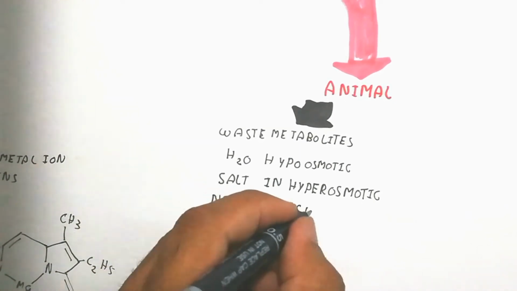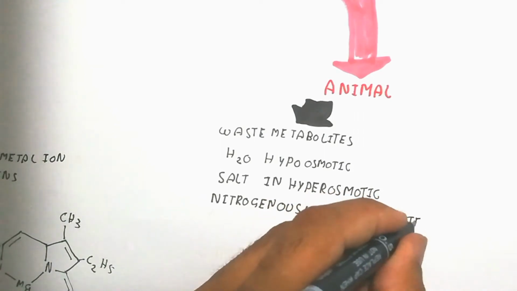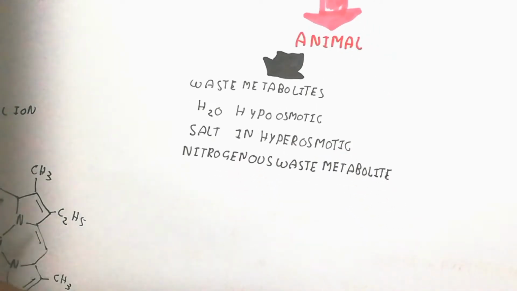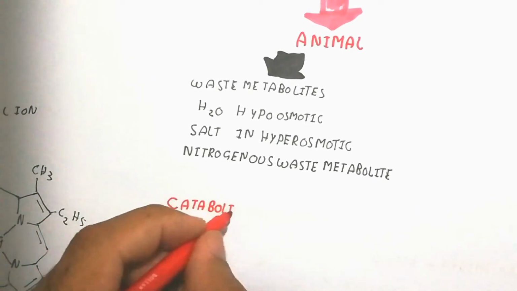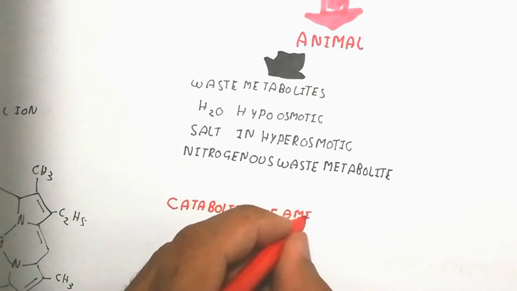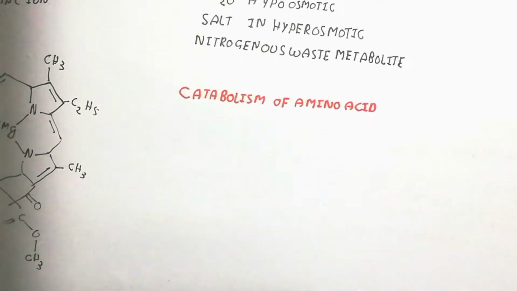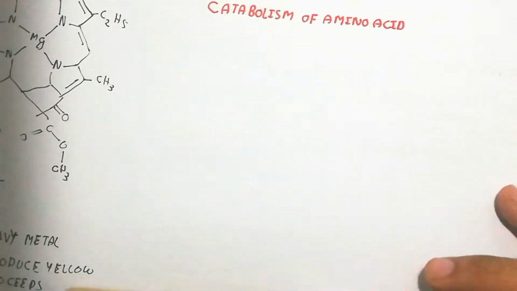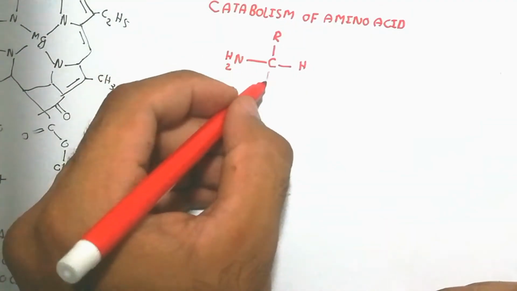The waste metabolites are water, salt in hyperosmotic or hyposmotic conditions, and nitrogen waste metabolites, which are important because their accumulation in the human or animal body leads to death, and edema, etc.